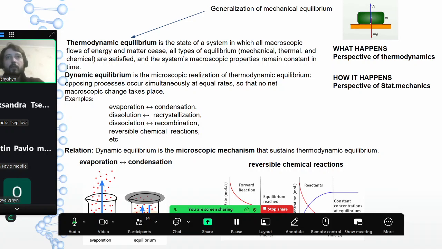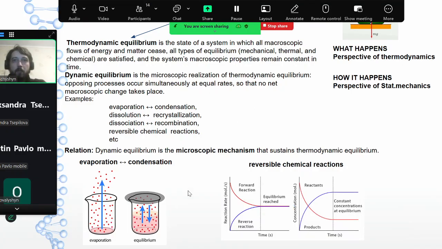Dynamic equilibrium means that we have the same macro states, but changing microstates. What does it mean? For example, I have this sort of beaker. It's a closed beaker, and I have some liquid in there. This liquid may evaporate or it may condense. If I wait long enough, this system will be in equilibrium.